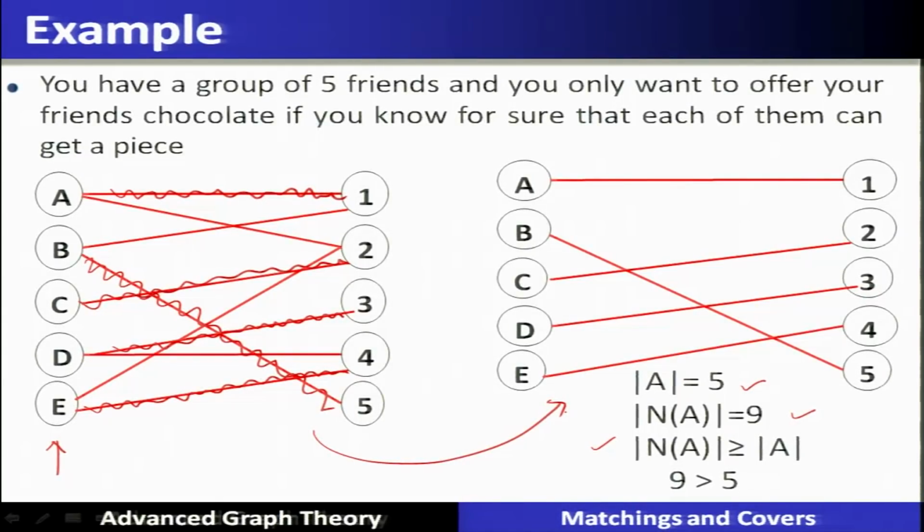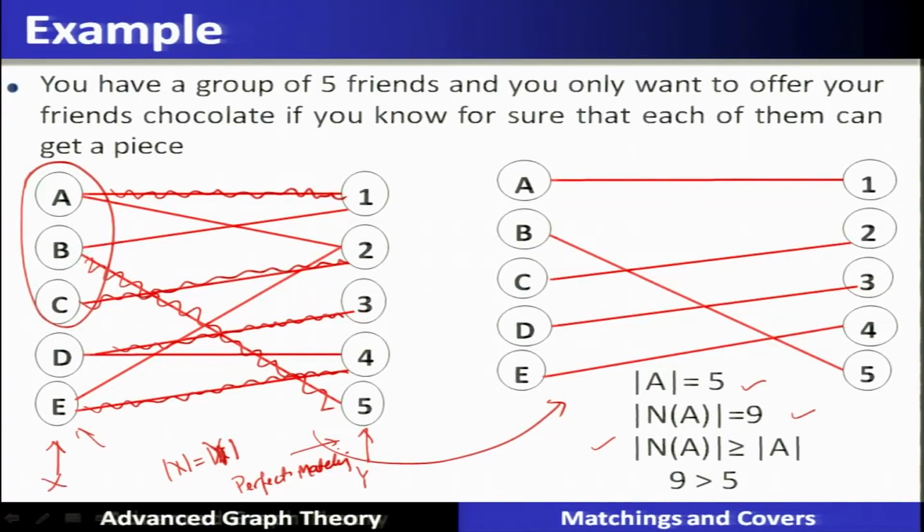So, that means Hall's condition exists for any subset of this particular set X. So, X is saturated, and here simultaneously Y is also saturated. The sizes of X and Y are the same. So, this kind of matching is called a perfect matching, wherein all the vertices are saturated.